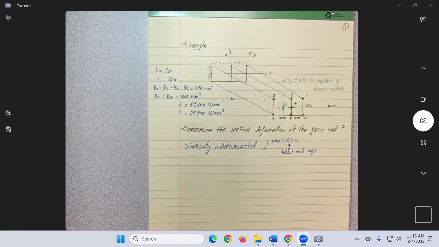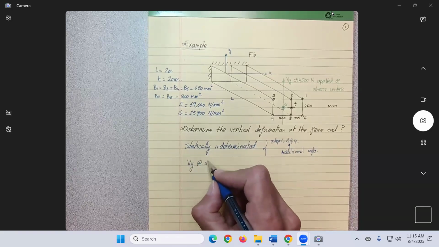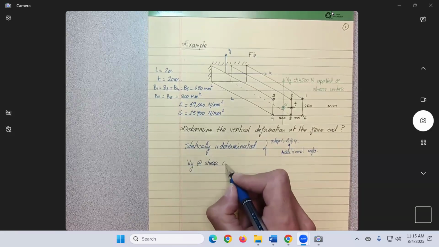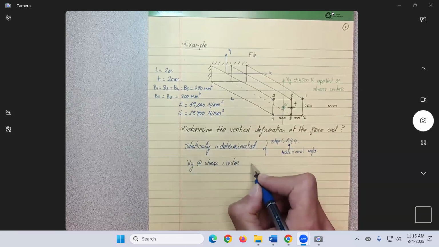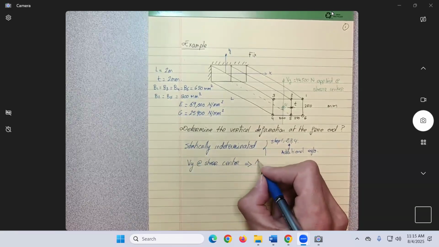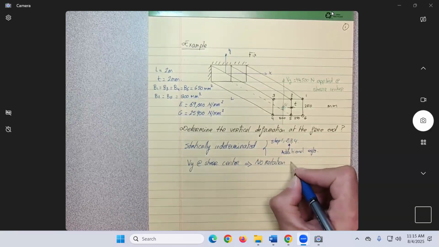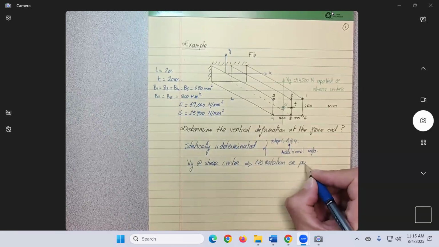Okay, so then we say that Vy is applied at the shear center. What does that mean? No rotation, or pure bending.